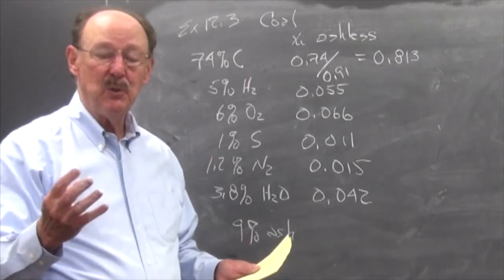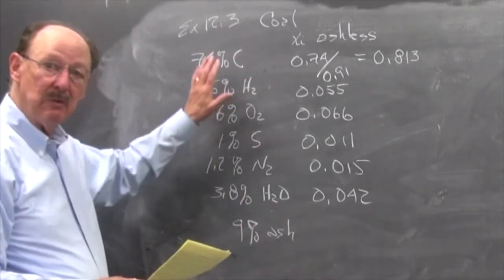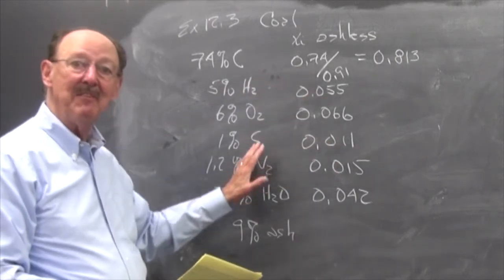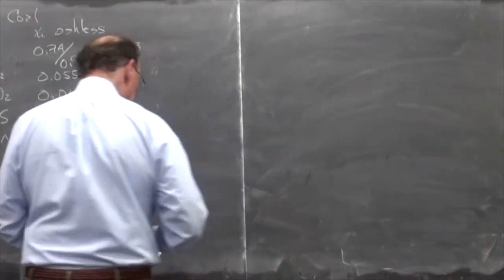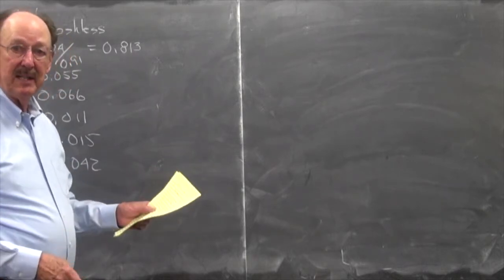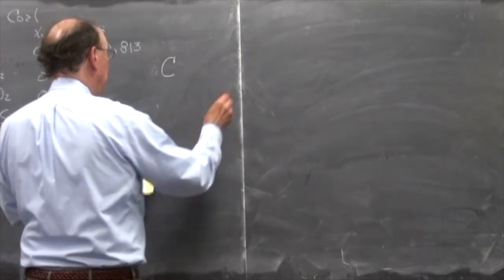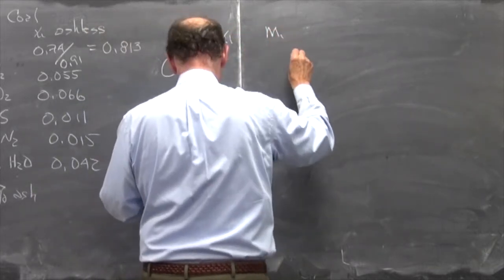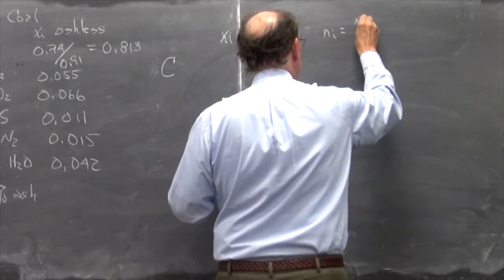And now what we need to do is to convert that to Yi. So if I want to have a combustion equation, the analysis is done on a mass basis, so I have this Xi stuff. Now I've got to get it to Yi so I can balance the combustion equation. And part of why I'm doing this example is that this step isn't as clear in the text as I would like, so I wanted to show you what it is. So now if we have carbon, and I'm going to have Xi, Mi, Ni, which is equal to Xi over Mi.